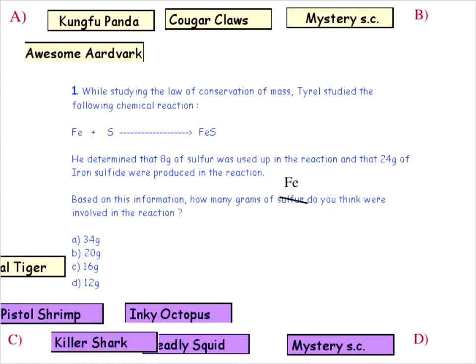Okay, so we're just waiting for Inky Octopus and Deadly Squid. Okay, Inky Octopus, did you move already? I think I saw that Deadly Squid move already.